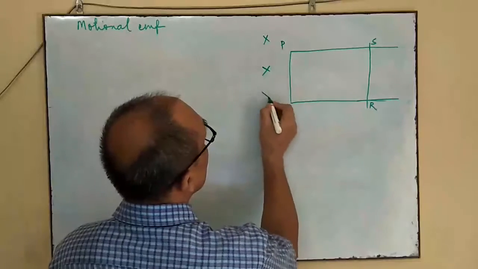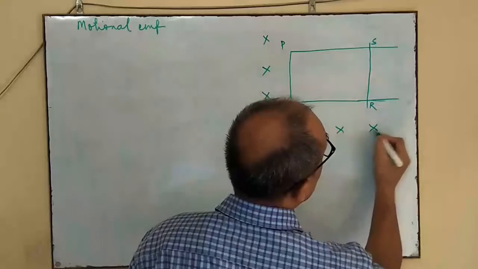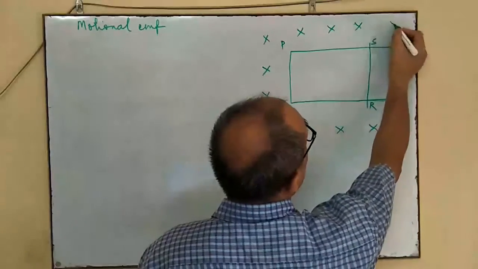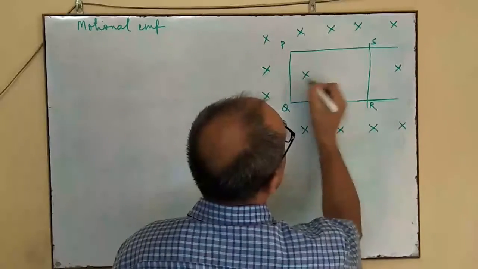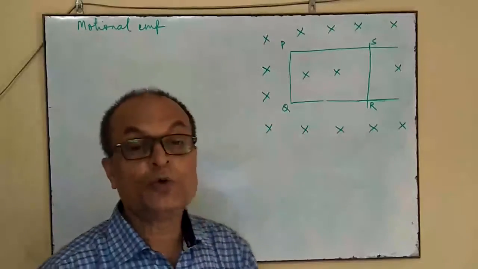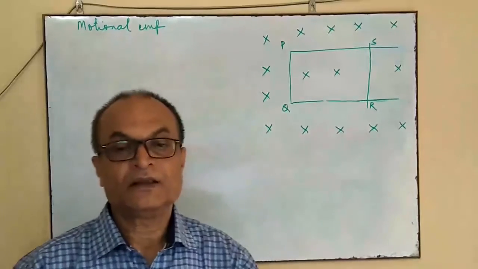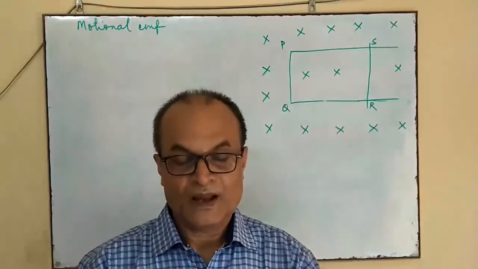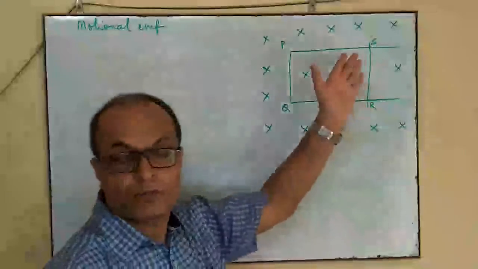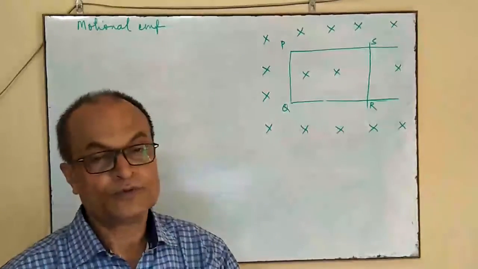This is the sign of magnetic field into the board. So this whole rectangular loop PQRS is lying in the magnetic field, and remember now magnetic field is into the board and PQRS is the rectangular loop.